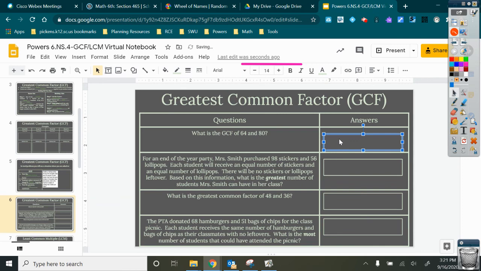So you can literally just type in here GCF equals or GCF colon, and then type the numbers in, put your answer in, and you don't submit it because I'll be able to see it through my Google Drive. So I need you to do these 4 problems to just check for understanding. So I'll know who needs more greatest common factor help and who has got it.